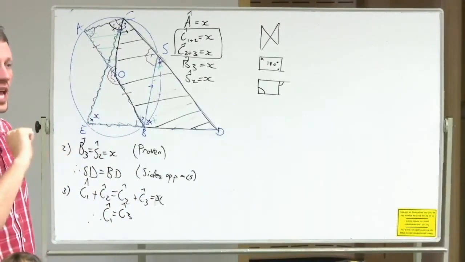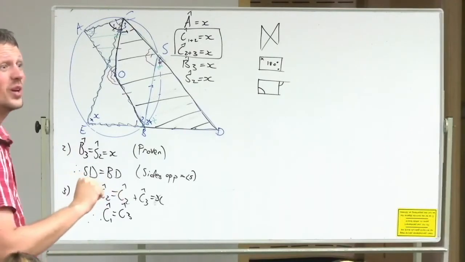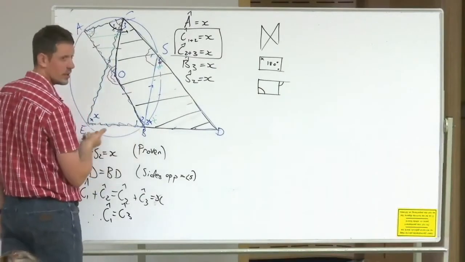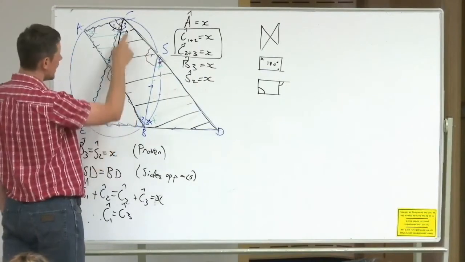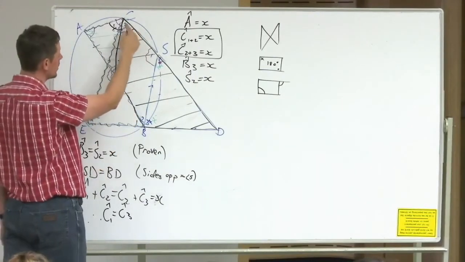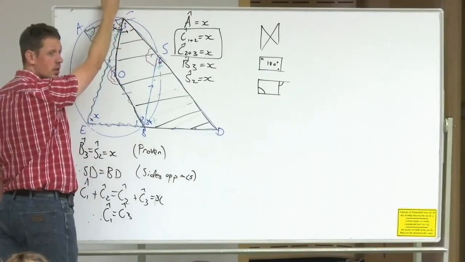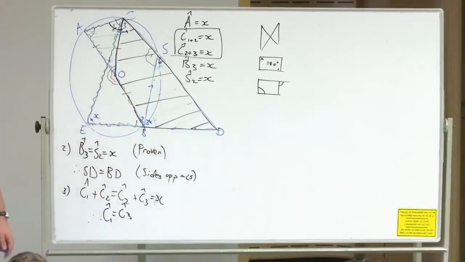The handle has to be straight, otherwise it's not a flag anymore. The only one where the handle is straight is here. So this has to be my exterior angle. Here it's not an exterior angle because there isn't a handle going up. Okay? But I don't know anything about B1.